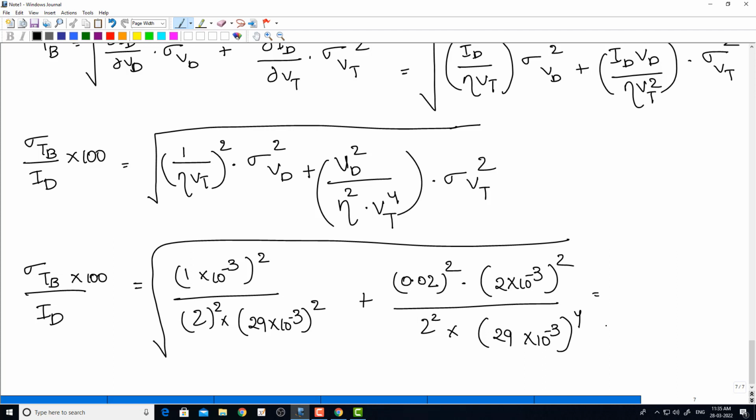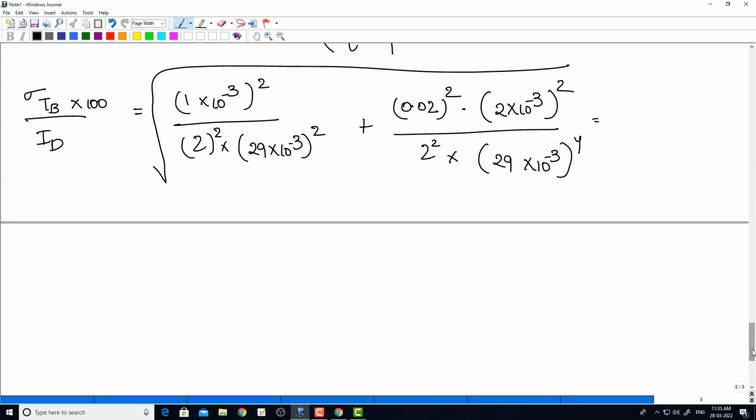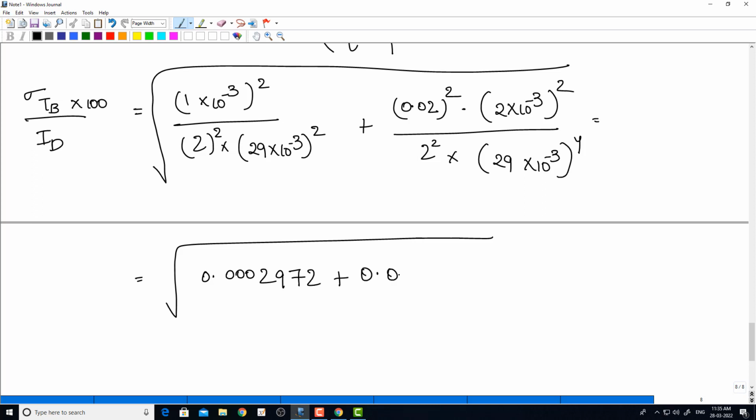This is equal to the square root of 0.0002972 plus 0.002262, which is equal to 0.05058 into 100.